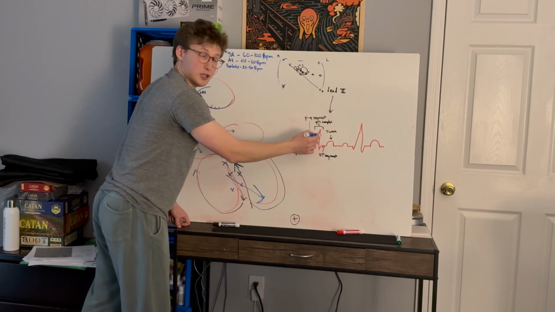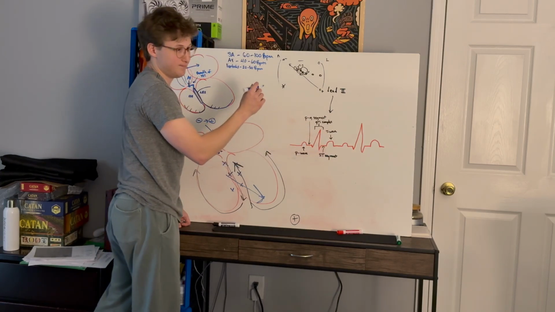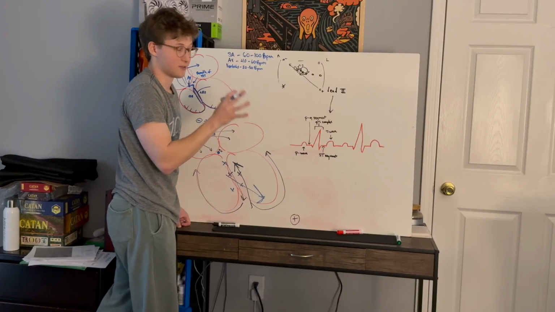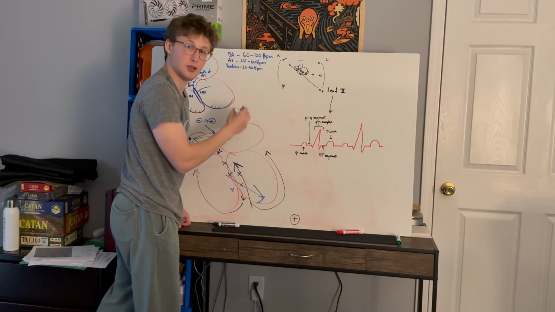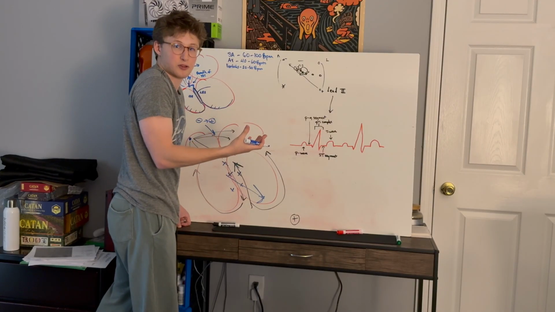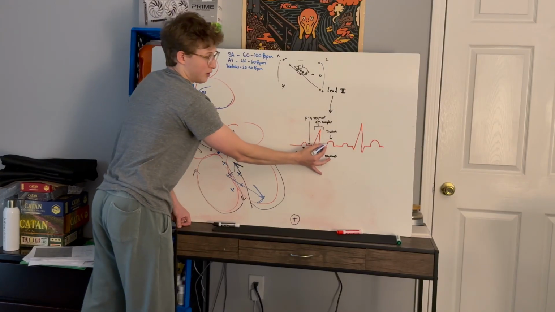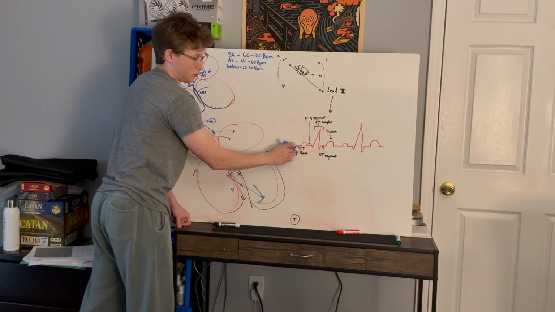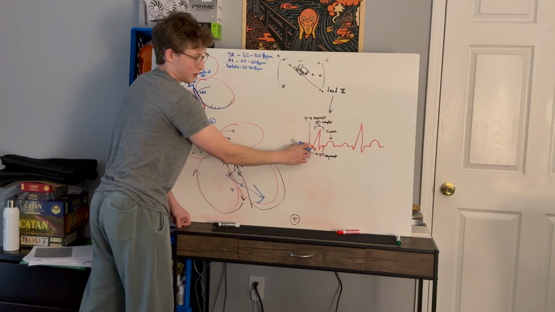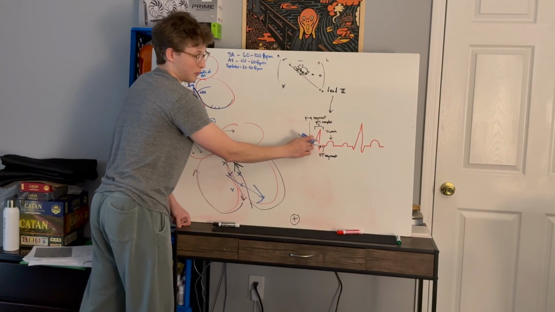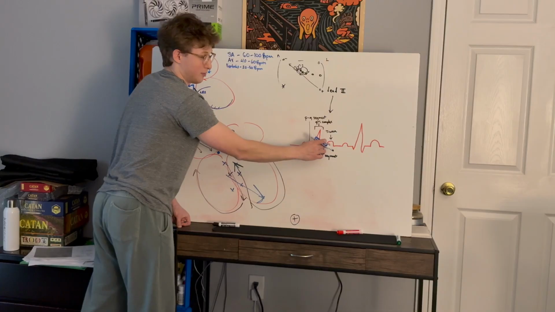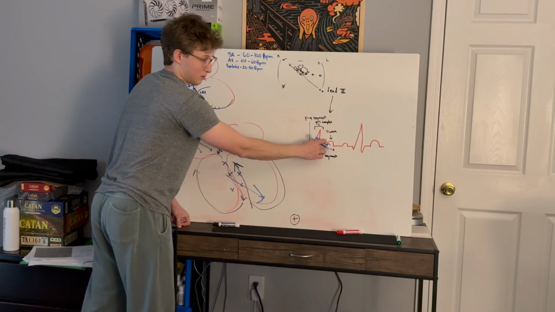It should always be, it's not always, but it should be taller than our P wave because there's more tissue that's repolarizing. But anyways, atrial depolarization, ventricular depolarization, and with every ventricular depolarization, there should be ventricular repolarization.